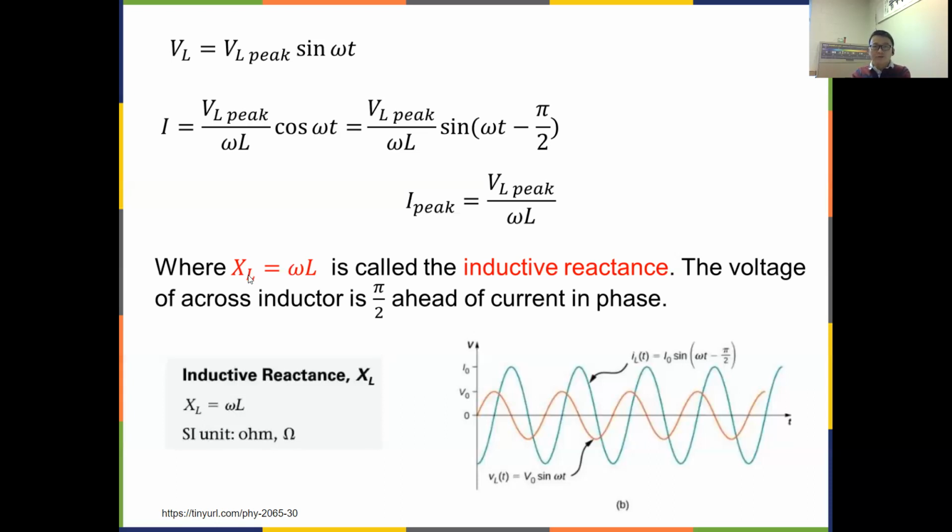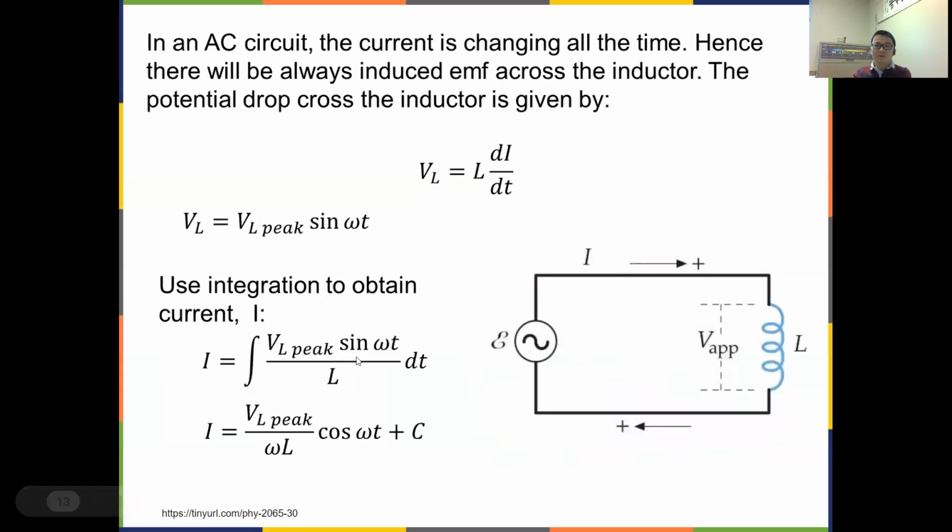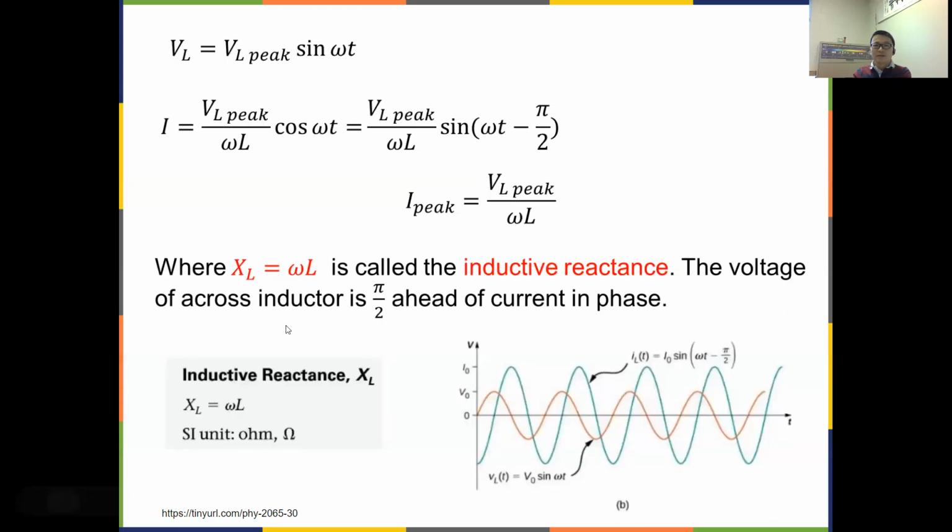According to what we get out of the integration, the current I is equal to the peak value over omega L. Omega comes out here. So XL is equal to omega L, or you can write omega as 2 pi times F, because that's the angular frequency.